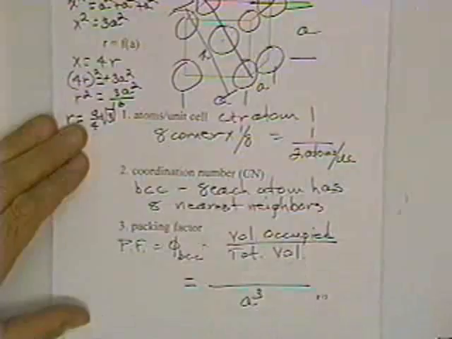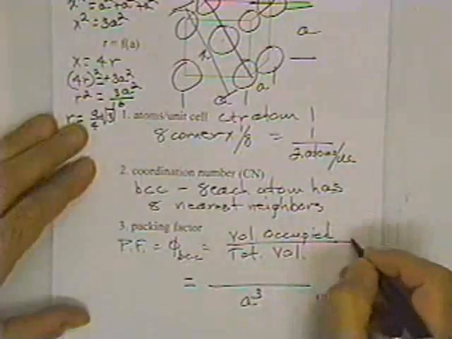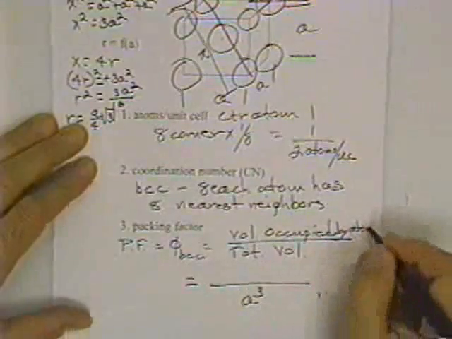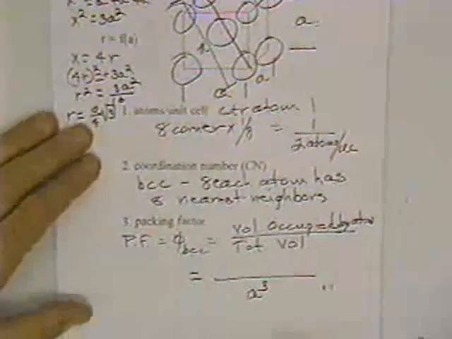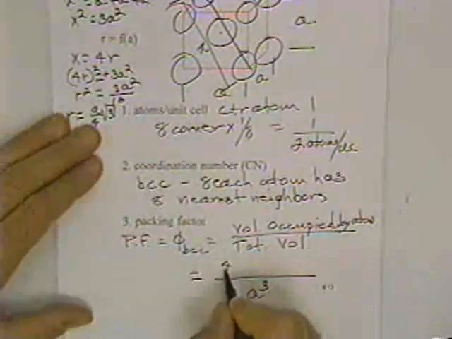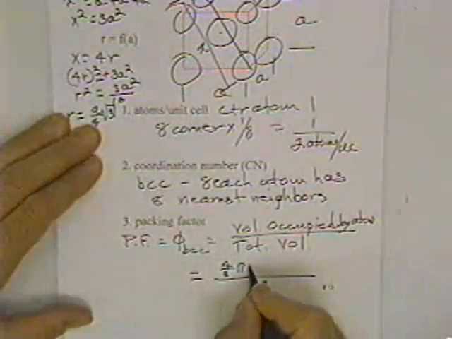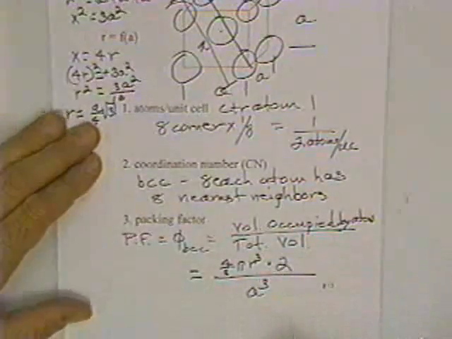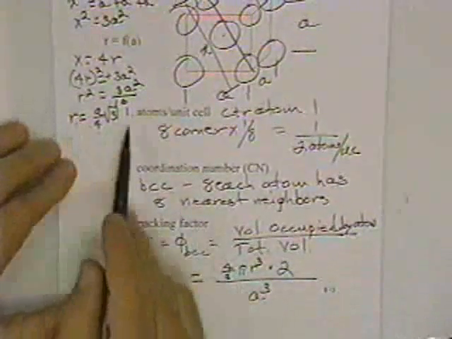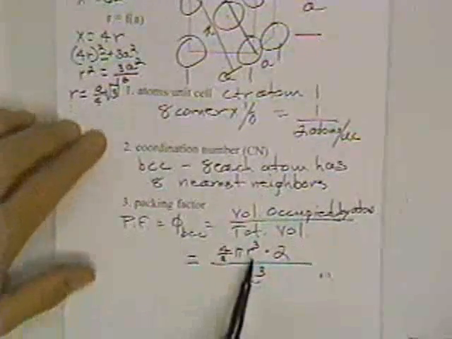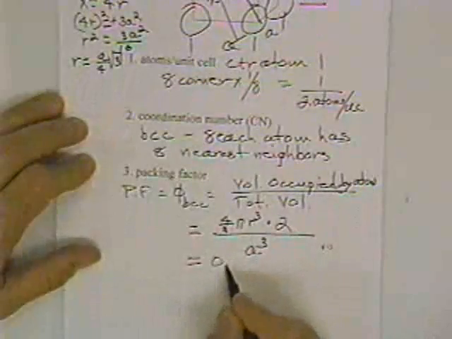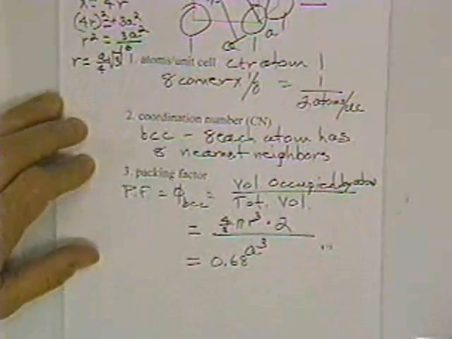The volume occupied by atoms is going to be equal to what? 4/3 pi r cubed times what? How many atoms per unit cell? Well, hopefully you're saying 2. And we know from the relationship up here what to substitute in for r. And if you work this out, the packing factor will become 0.68.